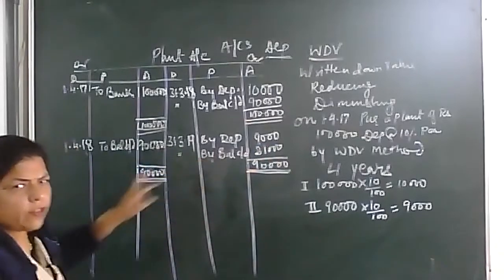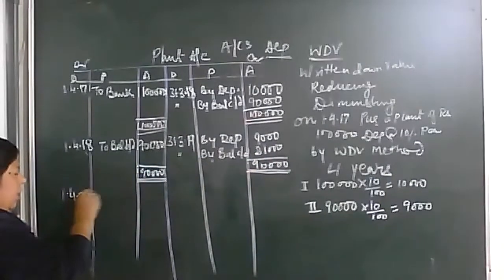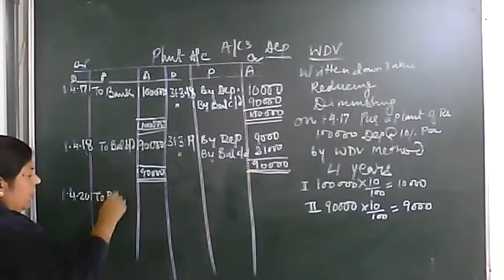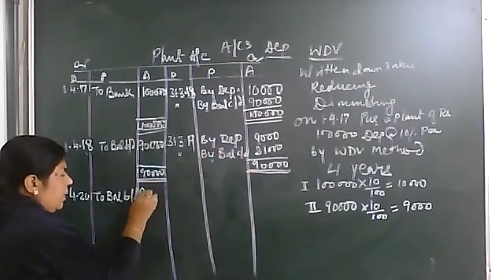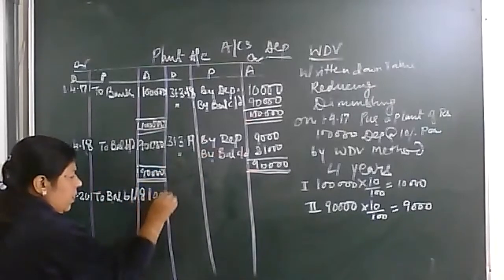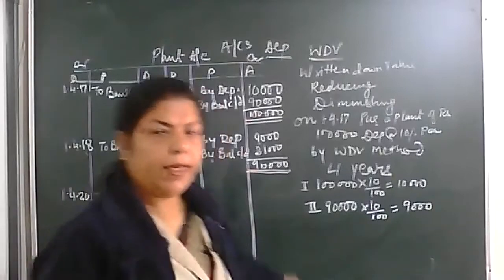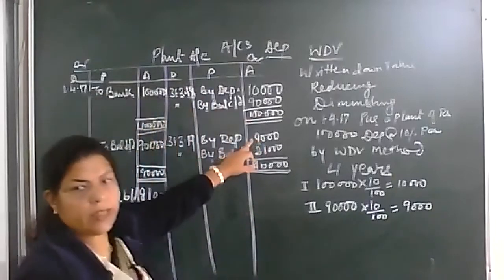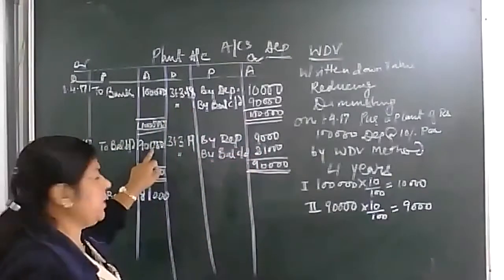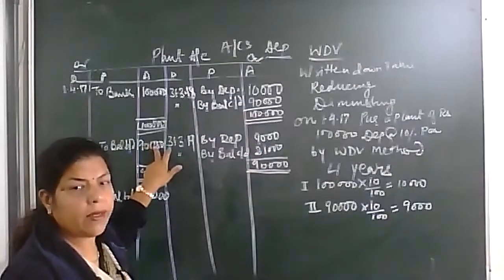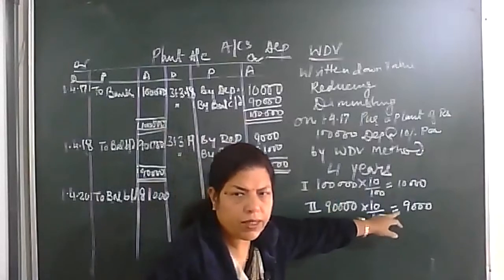Then this balance will be here: 1/4/20, to balance BD, 81,000. Look again at how that 9,000 and 81,000 come. 90,000 is the opening balance, 10% depreciation on it is 9,000.